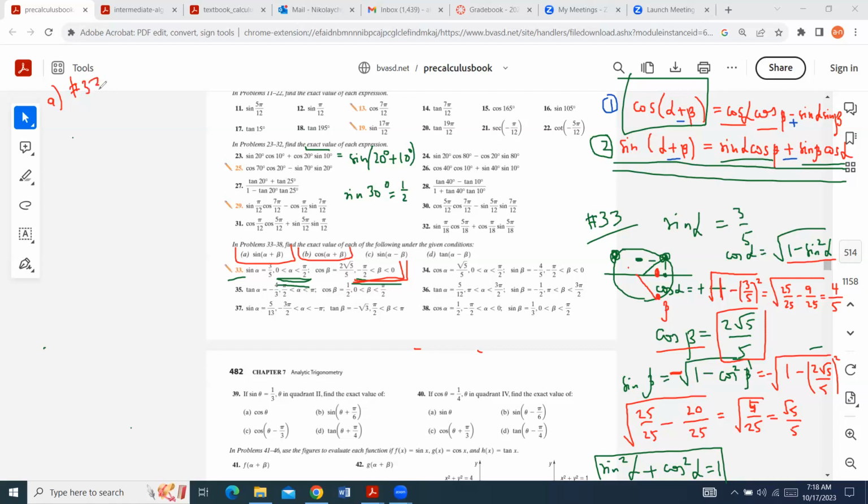So what they say is find sine of alpha plus beta. Okay. Notice they didn't give you the actual angles. They just gave you what sines and cosines are. But that's fine, because what I'm going to do is use formula number 2, right? I already know it's sine, cosine. So sine first, cosine second. It's always first, second. And then plus, again, sine, cosine, but then they switch their roles.